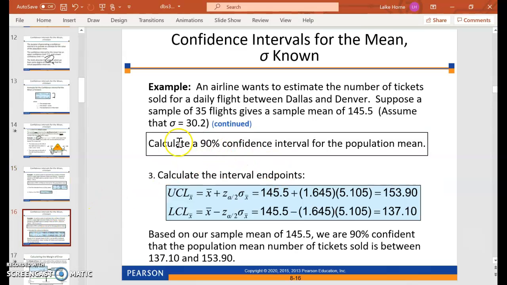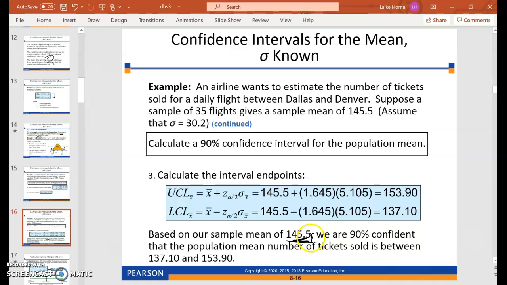Okay, so once you have the standard error of the mean and your z-score, those two numbers there, you're going to multiply those together and add it to your sample mean, and you're going to multiply those together and subtract it.